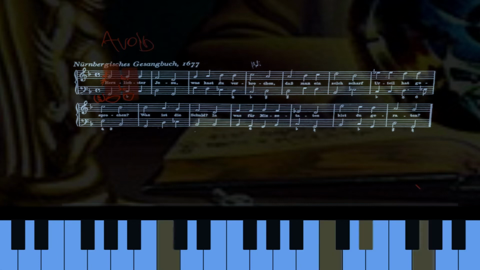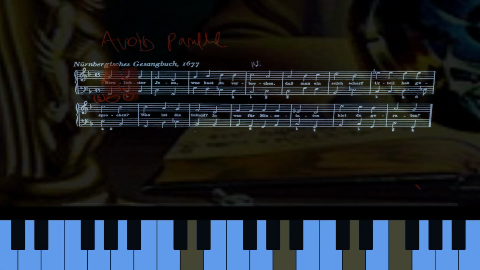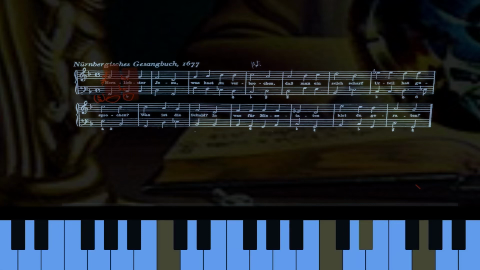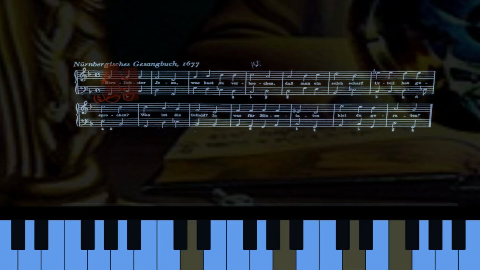So C minor, and then D minor, because there is nothing below the bass, and that's already enough. So you have this connection here. Then the next, you have it already.